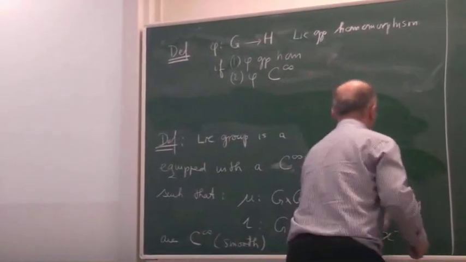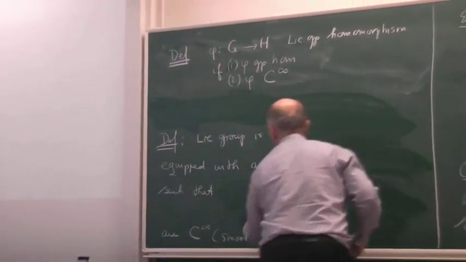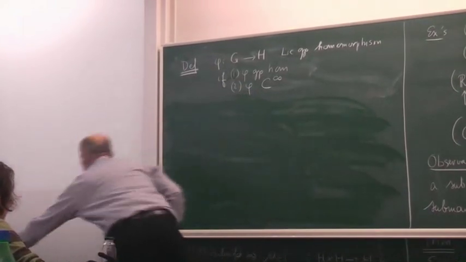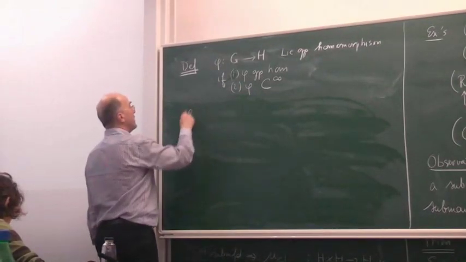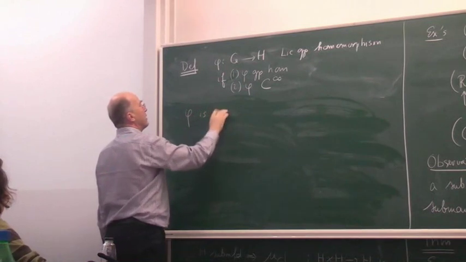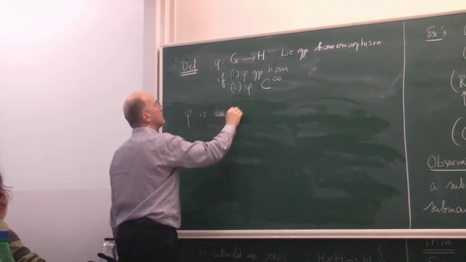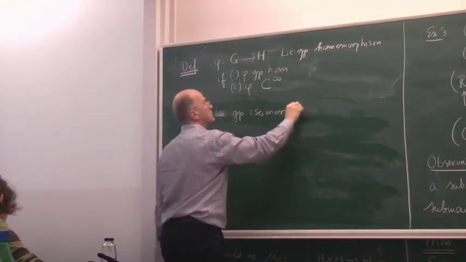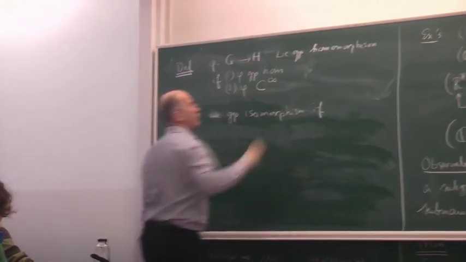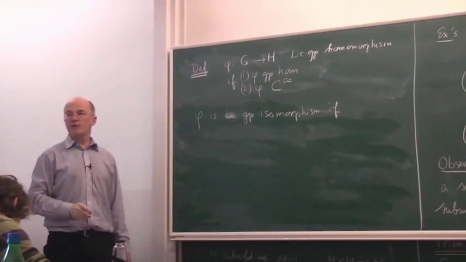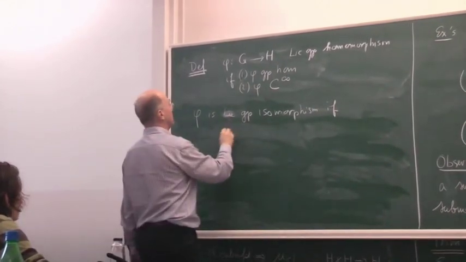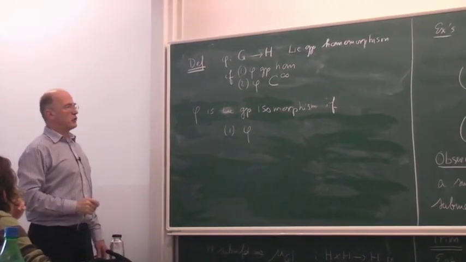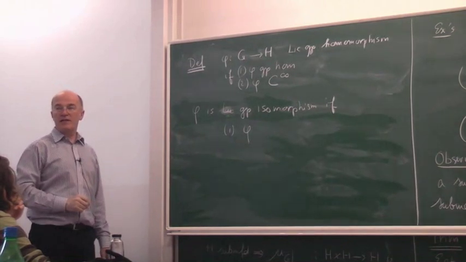Now we also have an obvious notion of isomorphism. Phi is a Lie group isomorphism if, first of all, it is an isomorphism of groups, and so in particular it should be a bijection.